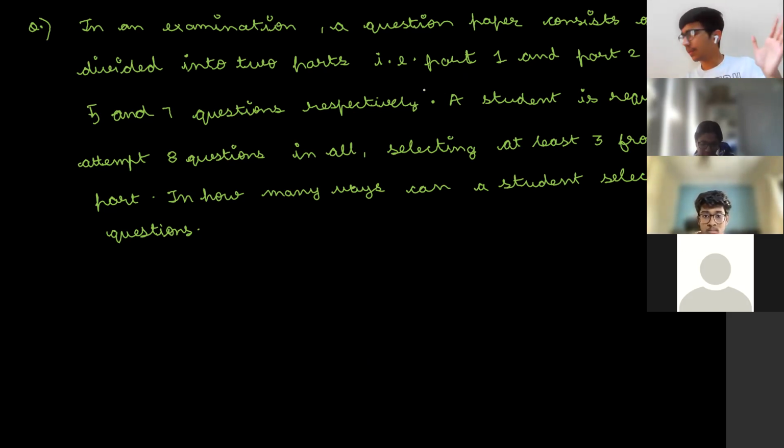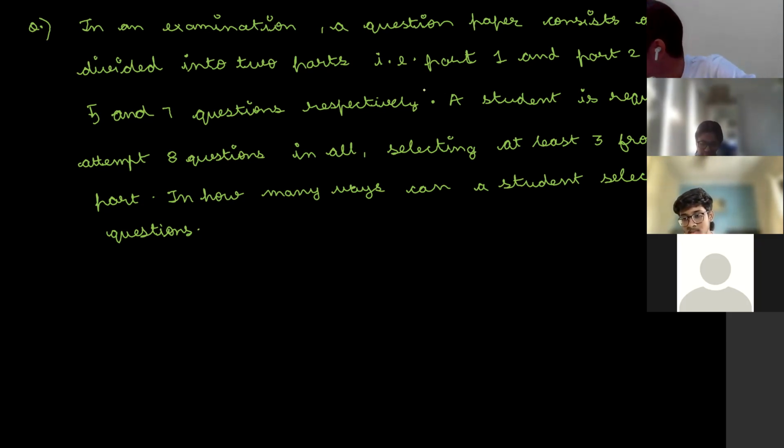Okay, so different groups में बना के कर दिया होगा कि part 1 से if he attempts 3 questions, then part 2 से he has to attempt 5 questions, right? Yeah, 3 cases. Okay. Yes, sir. Great. Okay, कोई particular question जिसमें तुम्हें doubt होता है generally?